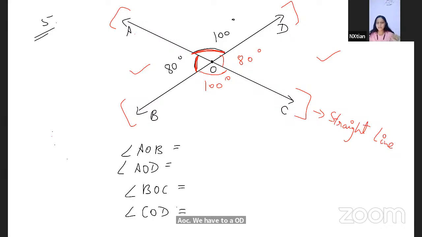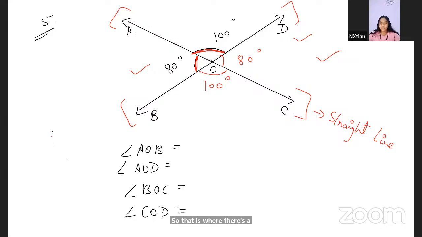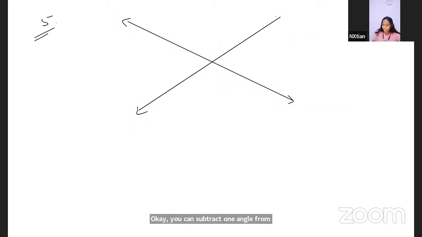AOD and COD, on the line AOC. Their sum is 100 and 80. So here also we have supplementary angles, and on BOD also we have supplementary angles. So the total is 180. That way also you can do it. You can subtract one angle from the other like this.